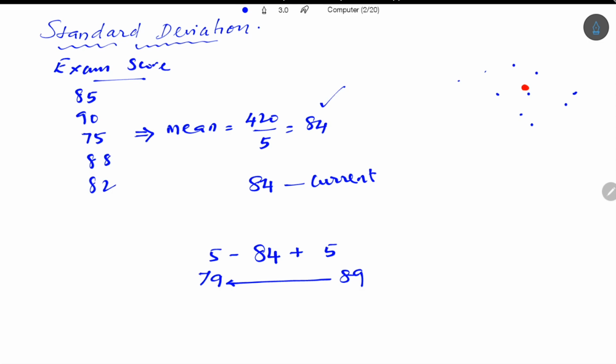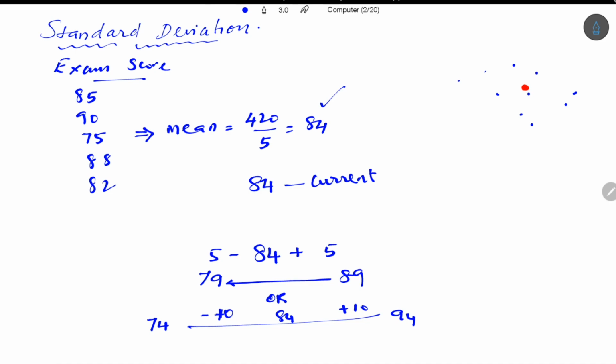Clear? Or in some other way, instead of plus or minus 5, I can say plus or minus 10. So in future my course average would be from 74 to 94. This is minus 10 to plus 10 from the mean 84.